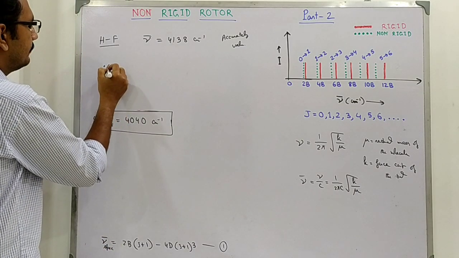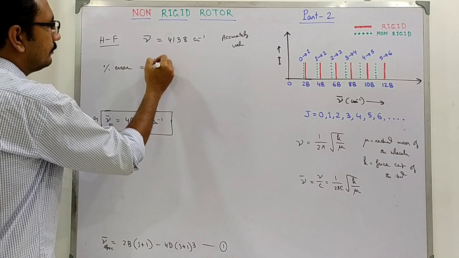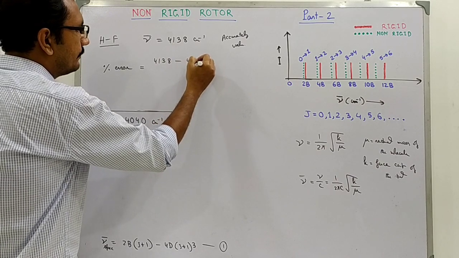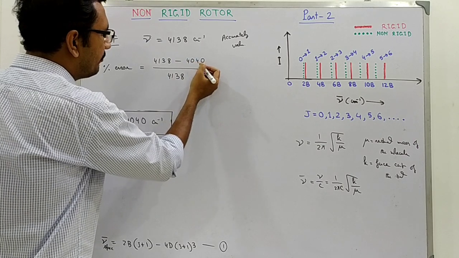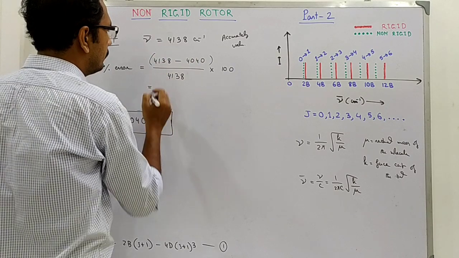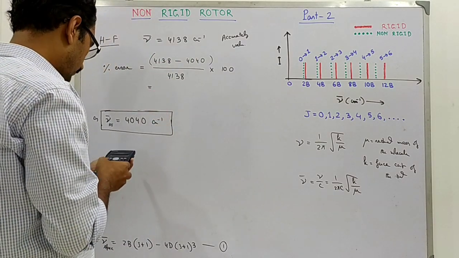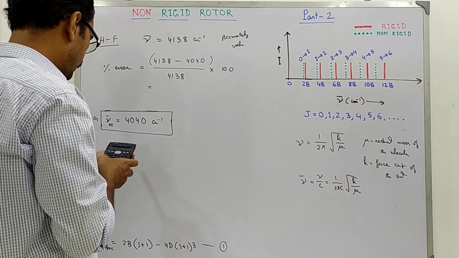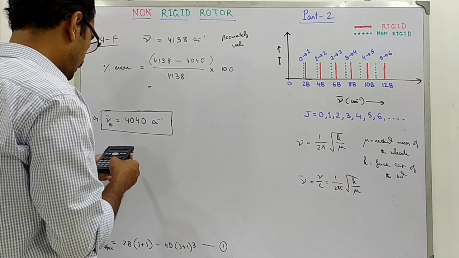For this percentage error, we will do simple mathematics: accurate minus observed, divided by accurate, into 100. So, again we need a calculator. 4138 minus 4040, divided by 4138.